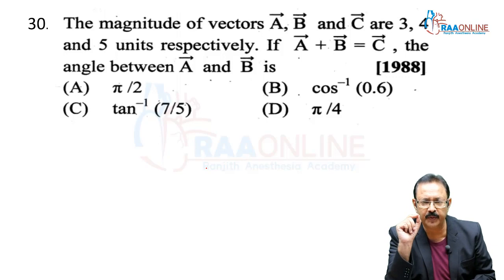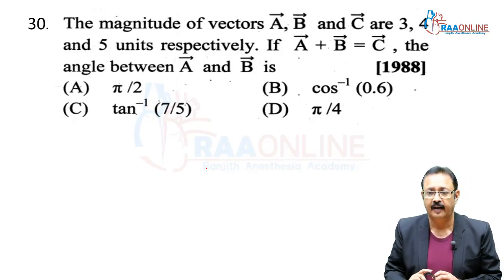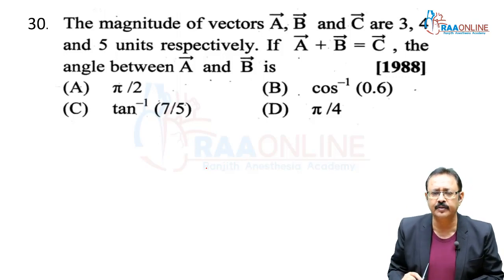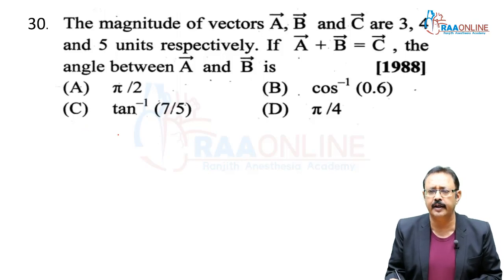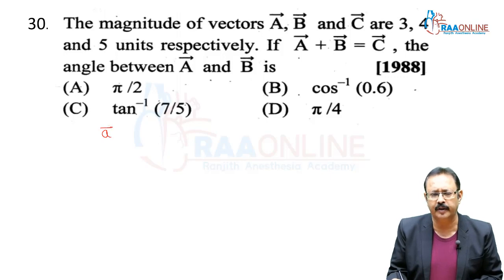From that way you can go, some shortcut. It is a right angle triangle, so the angle should be pi by 2. The second approach is this. They are saying A plus B is equal to C. I gave you the formula for the dot product, or you know it. A dot B is modulus of A, modulus of B, and cosine of the angle between them.